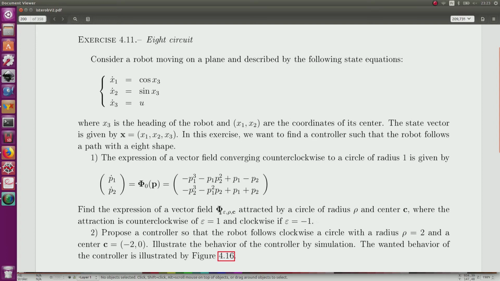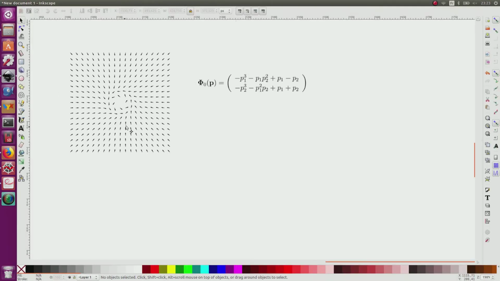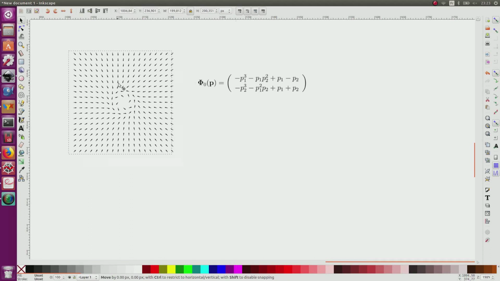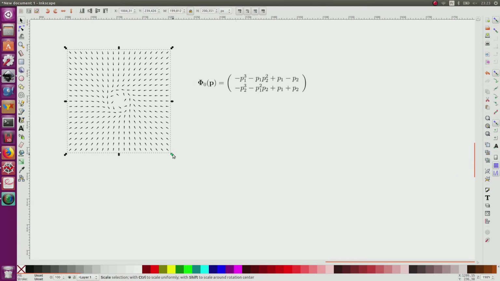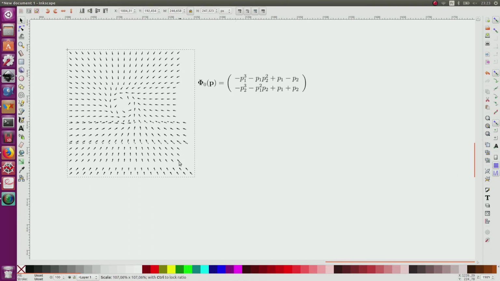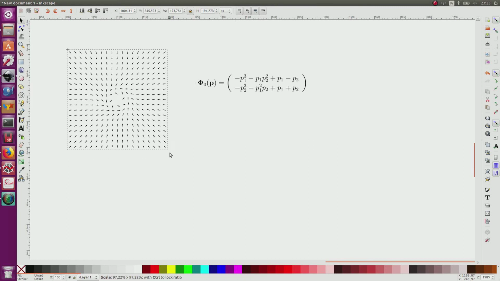So how to build this expression? I will take this vector field, and what I want to do is to translate it, or to zoom on it, or to change the orientation. So it can be done by a symmetry.